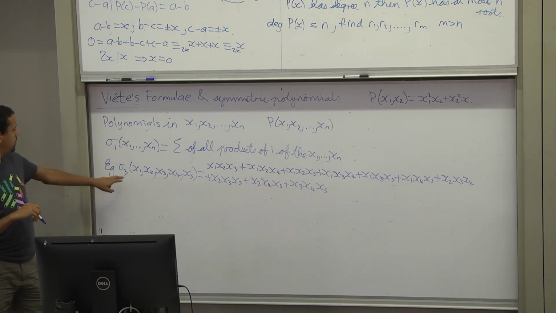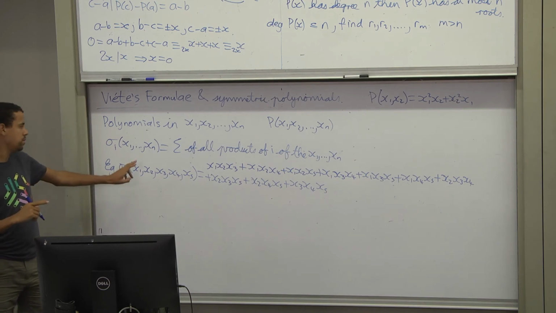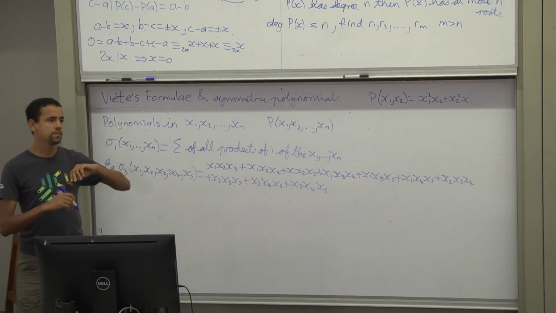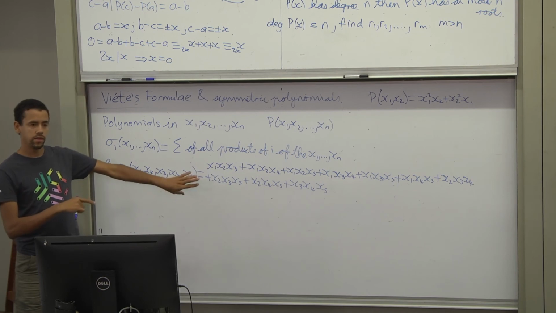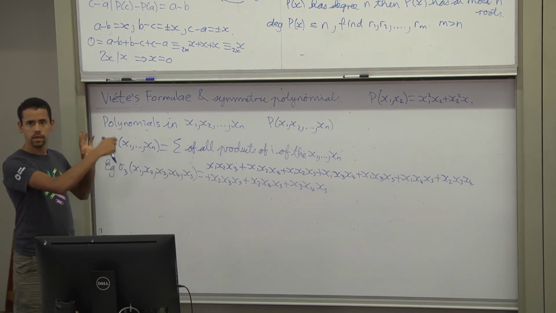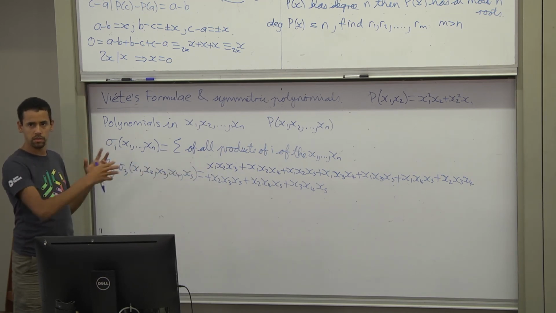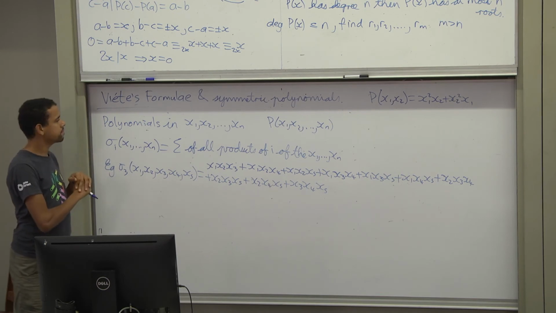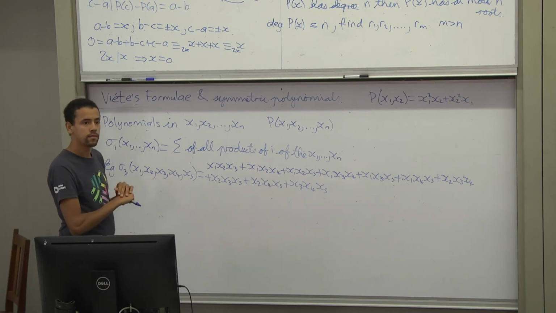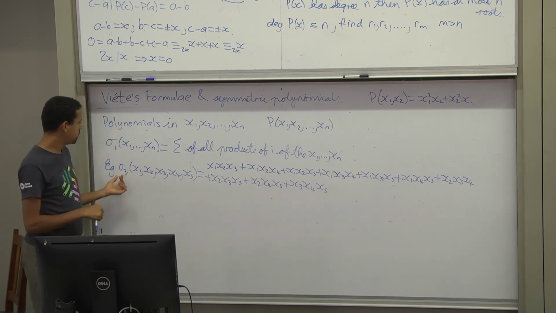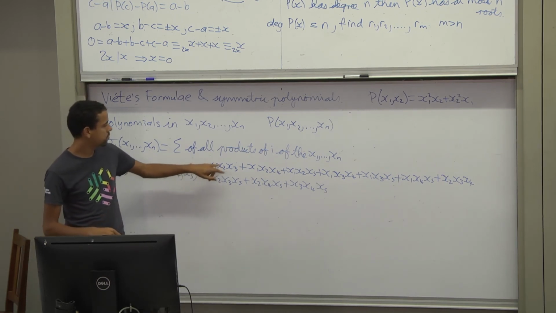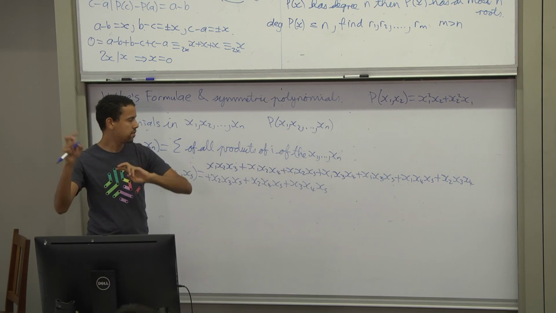So that is the third elementary symmetric polynomial on 5 variables. I take 3 of them at a time, multiply them together, and I add together all possible combinations of 3 of them. Is that i the degree of the... Yes, i would be the total degree, because each term has degree 3.